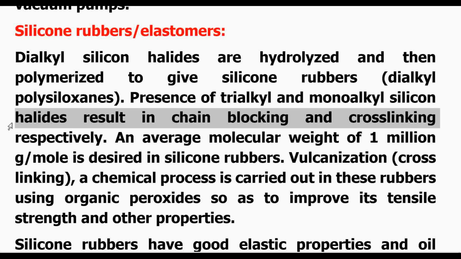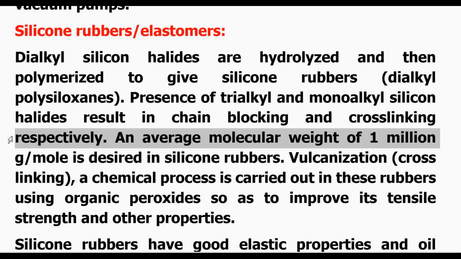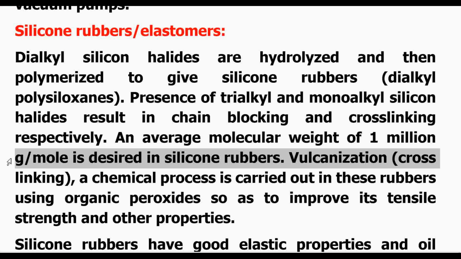If you have trialkyl silicone halide, then as we have seen earlier, the further growth of the chain will be blocked. And if you have monoalkyl silicone halide, then a large amount of cross-linking will happen in the polymer. An average molecular weight of around 1 million is desired in silicone polymers in order to obtain the properties which are expected from these rubbers or elastomers.